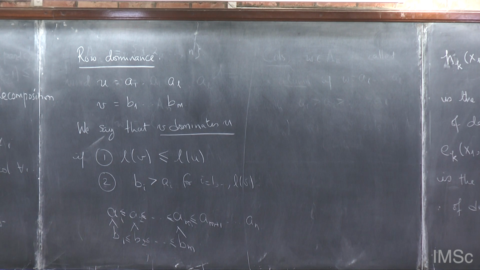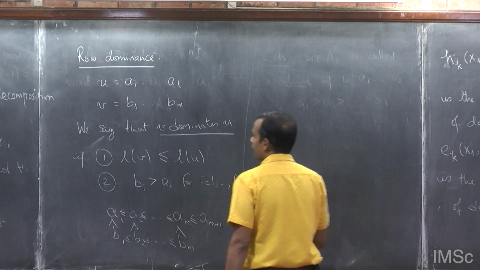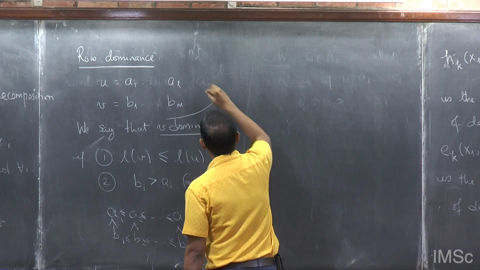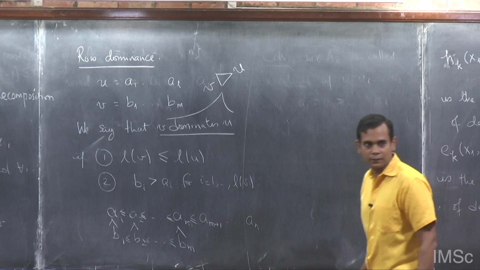So, from this we will get a condition for a tableau. We will write here: V dominates U, like this.